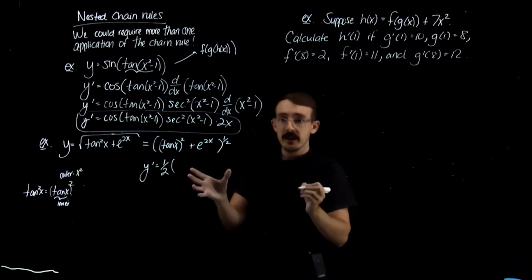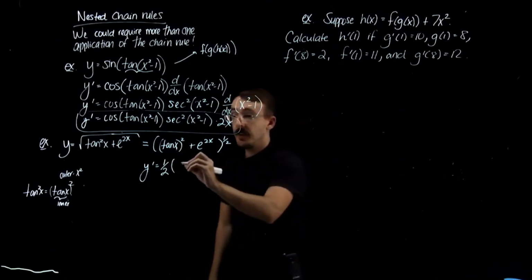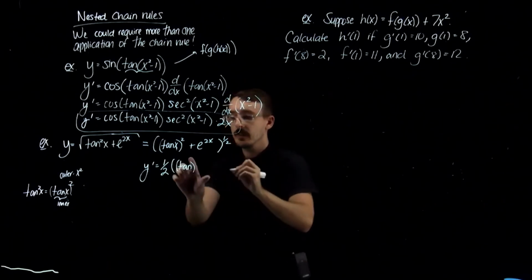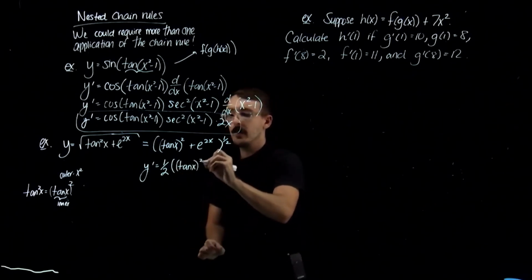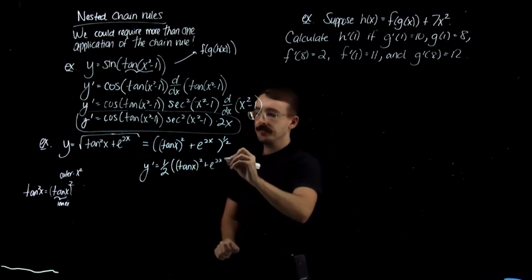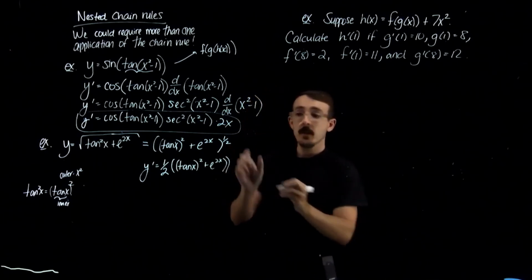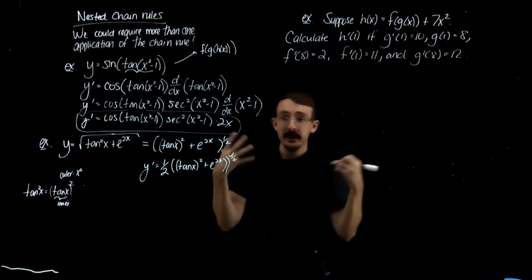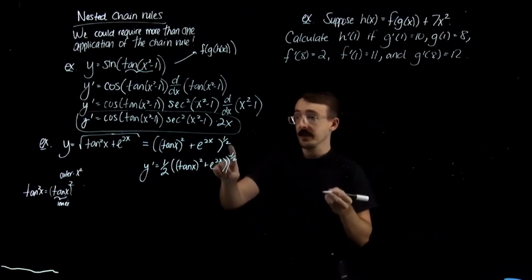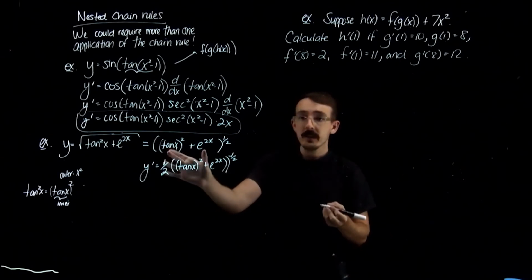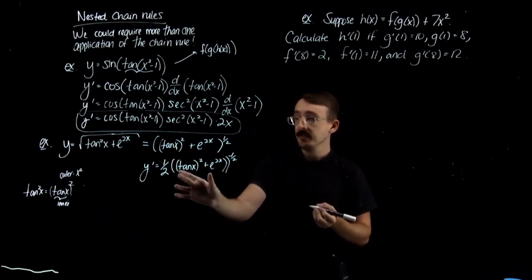I'm going to rewrite my inner function here, which is tangent x squared plus e to the 2x. And this is now to the negative 1/2 power, because I applied the power rule for the outside function. So I brought this power all the way in front. I rewrote the inside, just plugged it in.